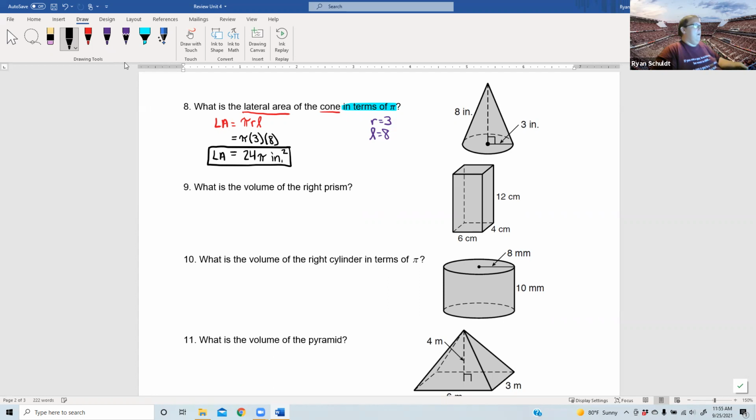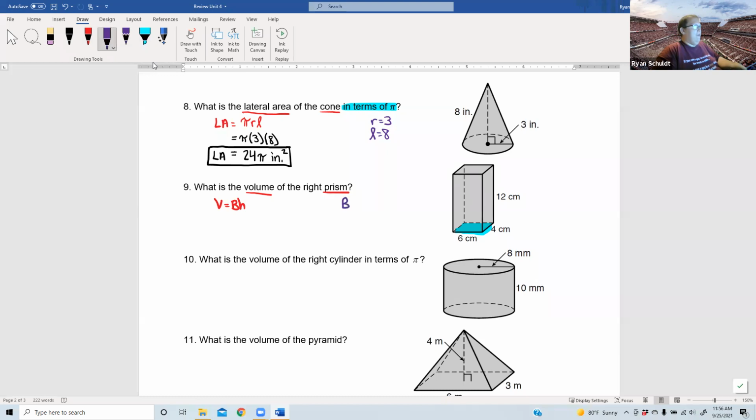Okay, number 9. What's the volume of the prism? So volume for prism is big B times H. So what kind of prism is this? It's a rectangular prism. So the base is what we're sitting on.